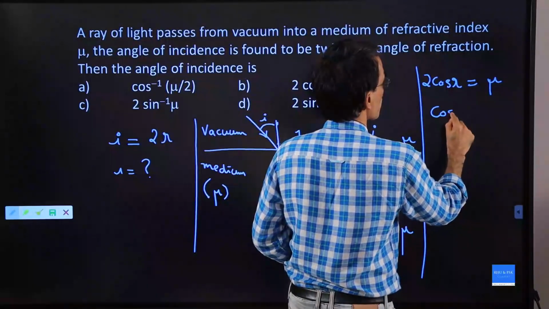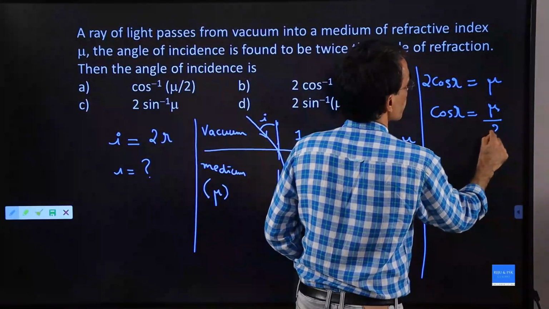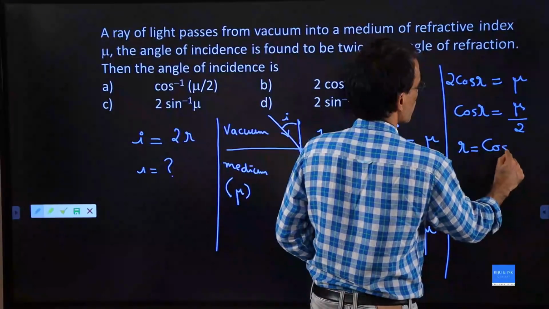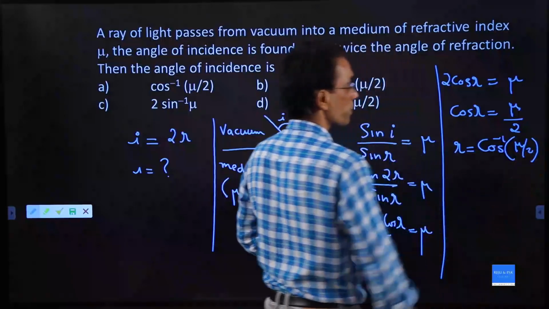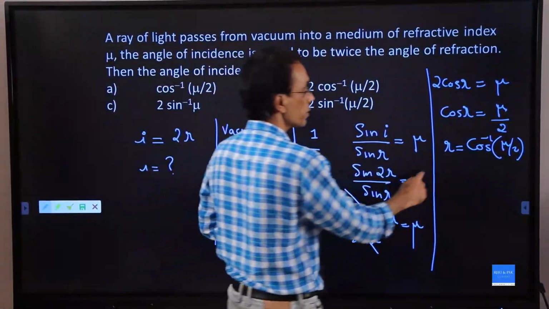So what is cos R? It is equal to mu divided by 2. So what is R? R is cos inverse mu by 2. So we got R, but we want I, but I is nothing but 2R.